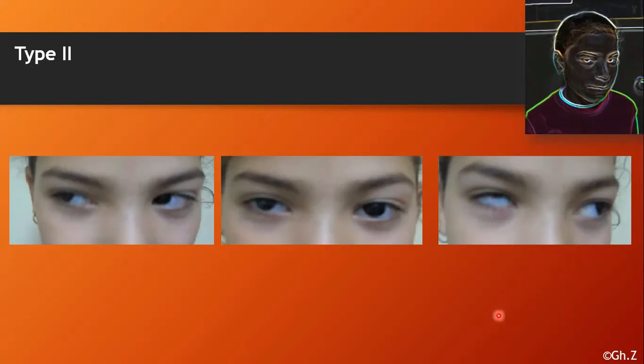But if you rethink, have you ever seen a case of exotropia with inferior oblique overaction? We usually don't have this fistula. So cases of esotropia or exotropia with inferior oblique overaction don't actually cause a fistula. So the fistula is one of the main features of Duane syndrome.